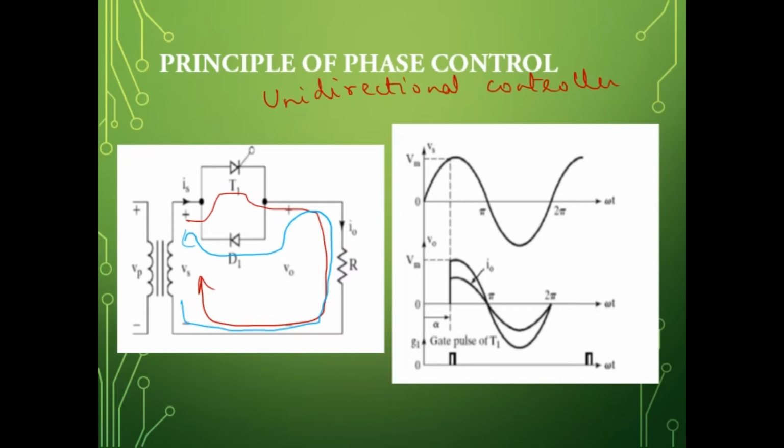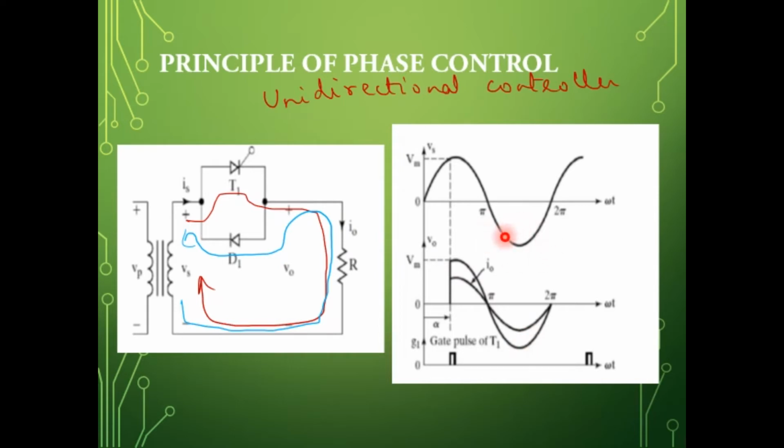If you observe this waveform, this is the input voltage, shown for a cycle. You can see that during the positive half cycle, the thyristor is conducting. You can observe the gate pulse here. Until the thyristor is conducting, the output voltage is 0. Once the thyristor starts conducting, assuming the thyristor to be an ideal device, the output voltage will be the same as the input voltage.